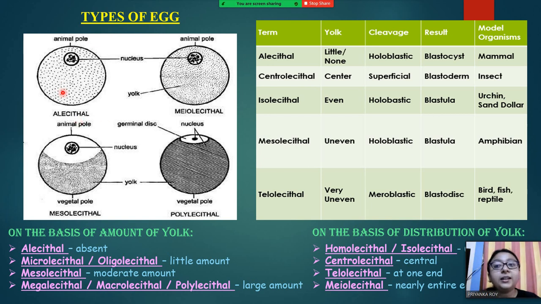And in case of alecithal, very little yolk or no yolk at all, and the yolk is not disturbing the cell division in the blastula. So these are the types of eggs. Why is it important? Because according to the type of egg, the type of cleavage will be determined. So I'll go to the types of cleavage in the next slide.